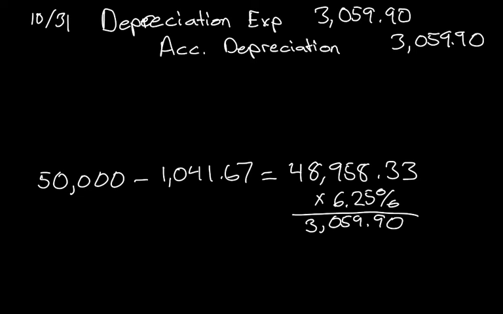So this would be, to make sure this is understood, in the next quarter, at the end of the next quarter, you would have the remainder of $48,958.33 minus the $3,059.90.